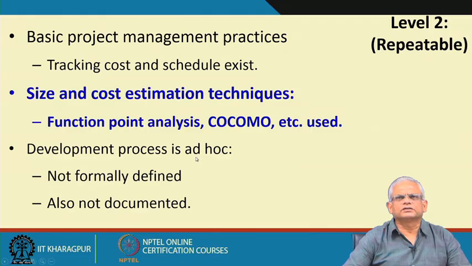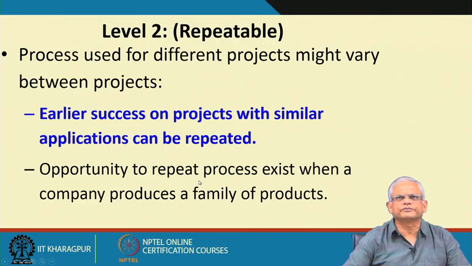But again here the developers, though they have their process, do not use build and fix; they have their process, but these are not formally defined. There may be variations of the process used by different developers, and also these are not documented.